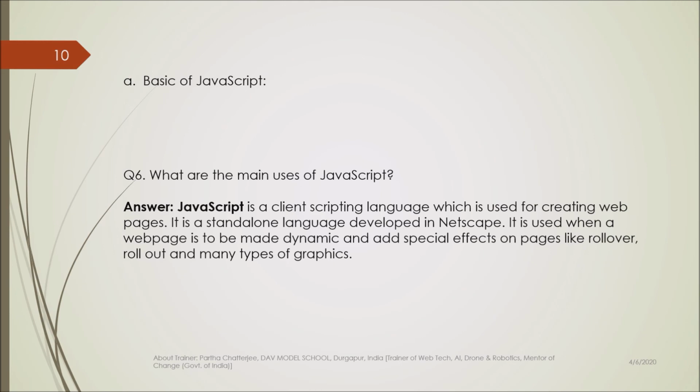Okay, now what is the main use? This is the last point, the last question of this small tutorial: JavaScript is a client-side scripting language which is used for creating web pages. Then it is a standalone language developed in Netscape. It is used when a web page is to be made dynamic. What is the concept of dynamic? These are very common points written, but what is the concept of dynamic?